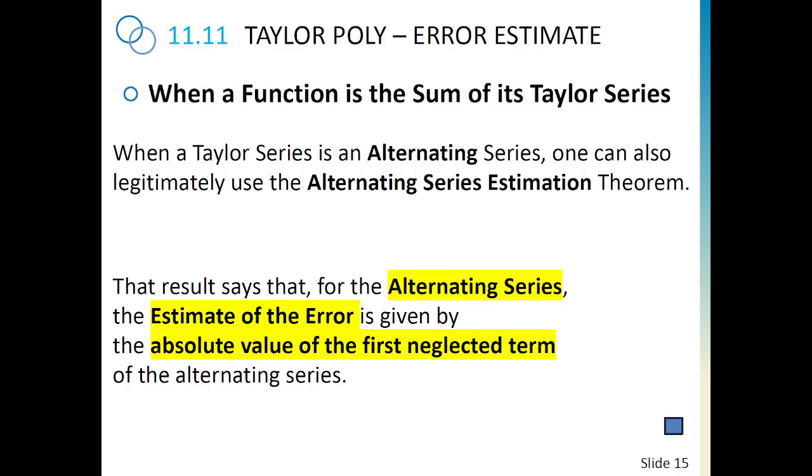So if we cut the series with a polynomial degree 5, the next term, with the power of 6, will be an approximation for the error. So that's valid only for the alternating series.